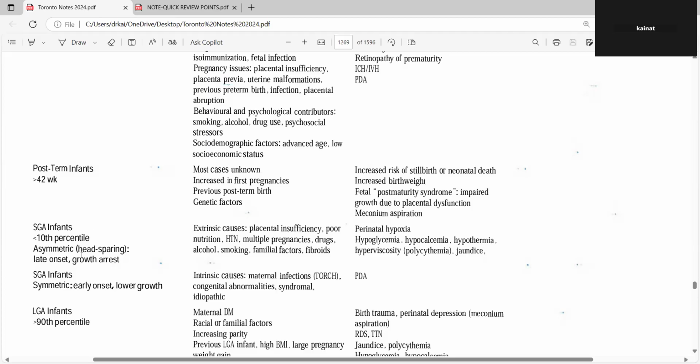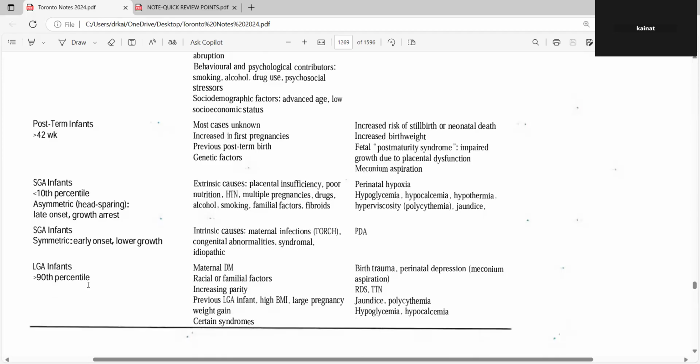If there is head sparing, they do survive because they don't have any CNS abnormality. If it is symmetric and there is no head sparing, then after a certain period of time they do die, like with the TORCH infections and all that. So this is a question: asymmetry and symmetry, which one survives.